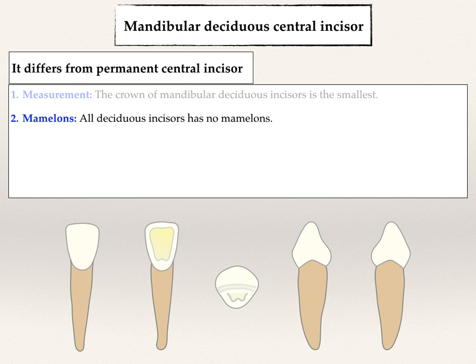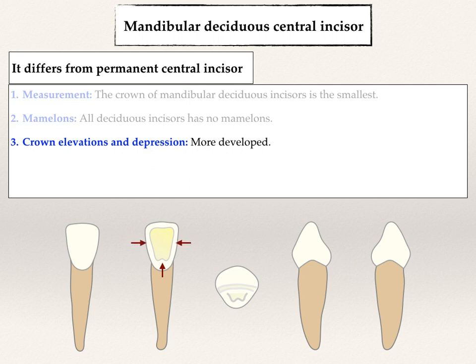Crown elevations and depressions are more developed. No mamelon. Proximal marginal ridge, cingulum, incisal ridges, the lingual fossa and the cervical ridges are more developed.